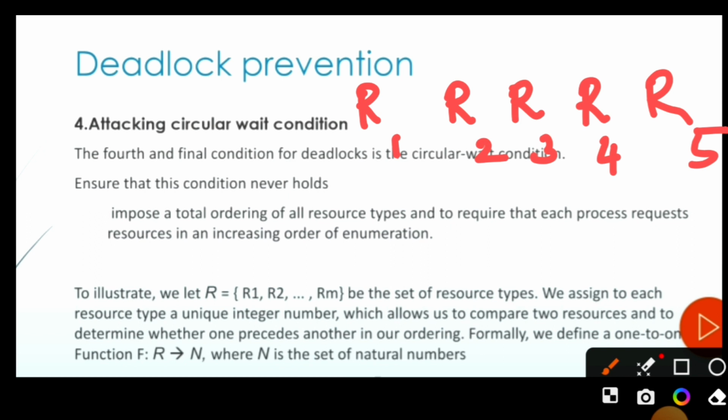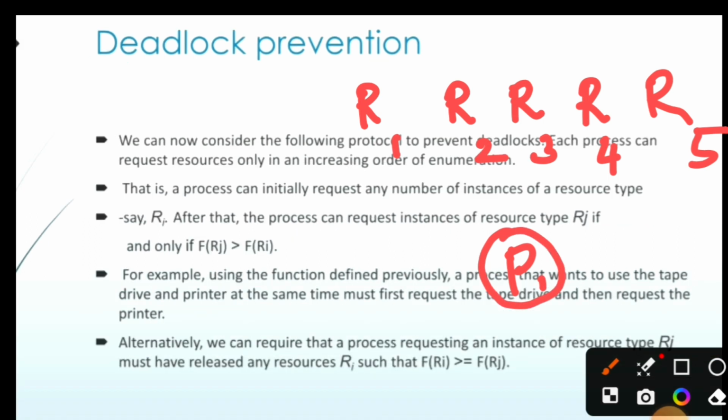And we will require that each process requests resources in increasing order of enumeration. That means if process P1 is requesting resource R2, let's say, then it will be able to request the next resource only in increasing order of enumeration.